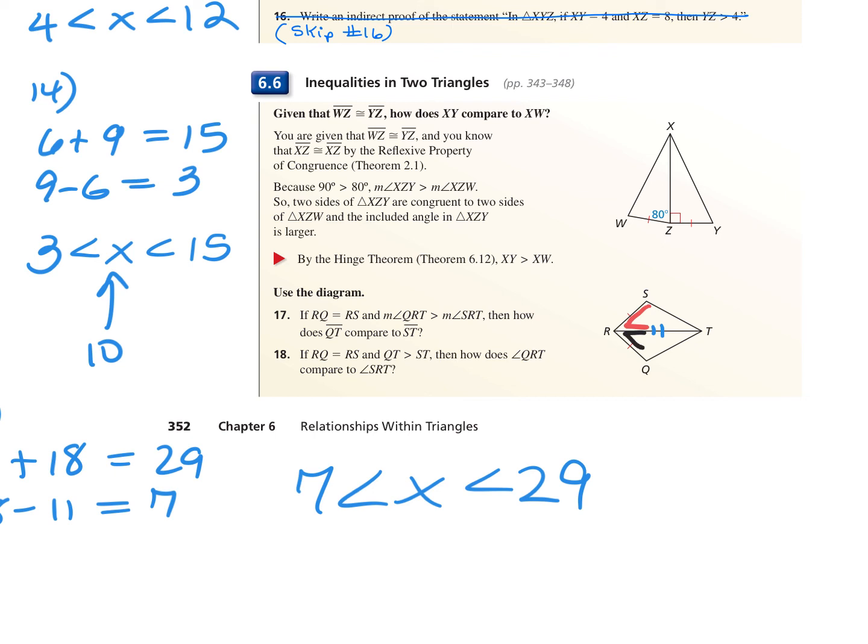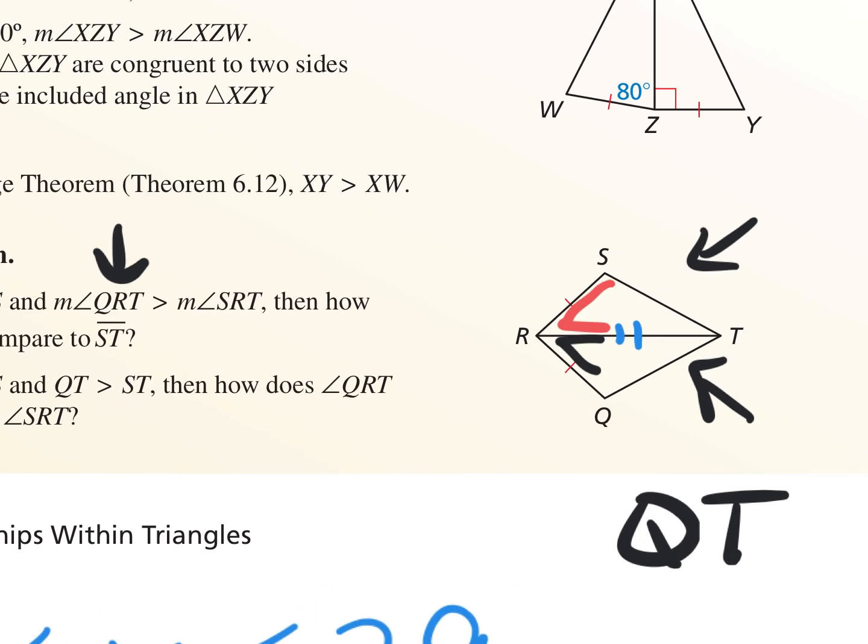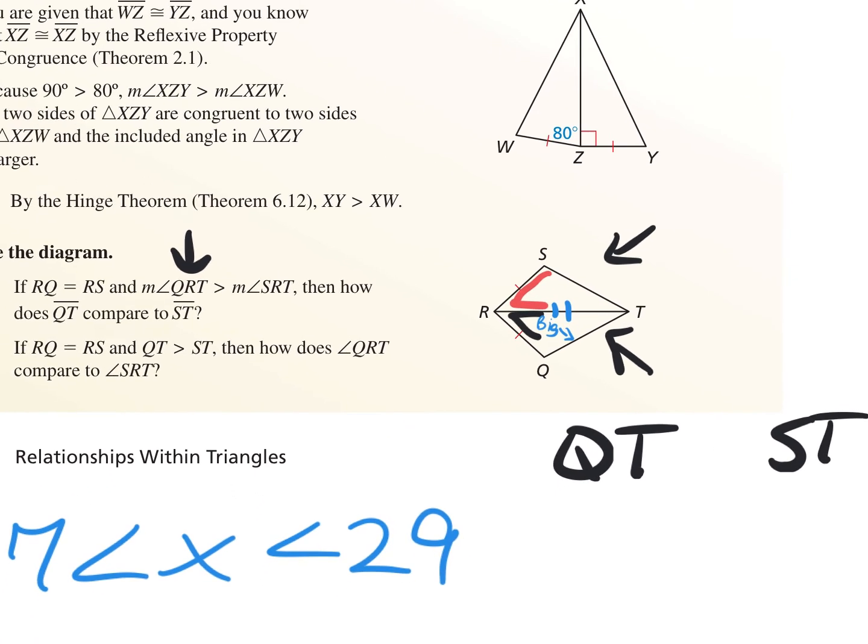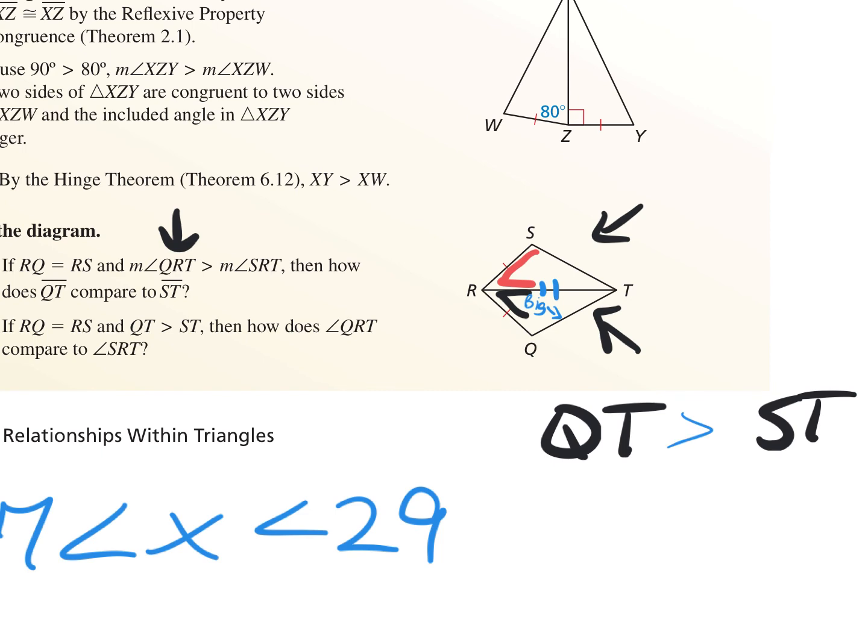They're asking us to compare QT and ST. So I need to figure out which symbol is going to go in between here, greater than, less than, or equal to. But they told me that angle QRT, this one, is the bigger angle. So this tells me QT is the bigger side. So QT is greater than ST.